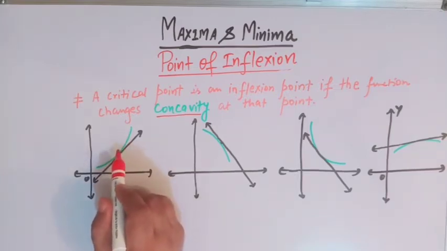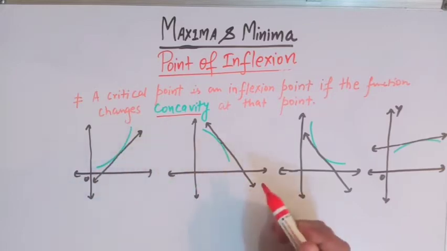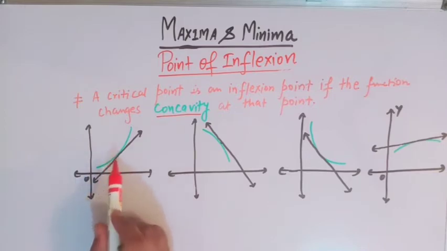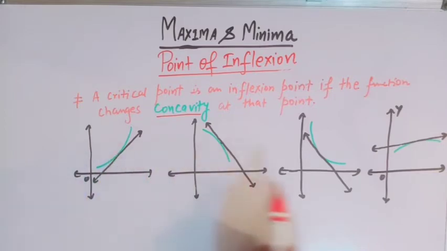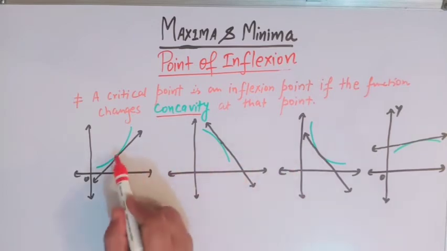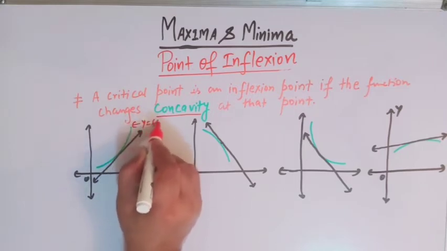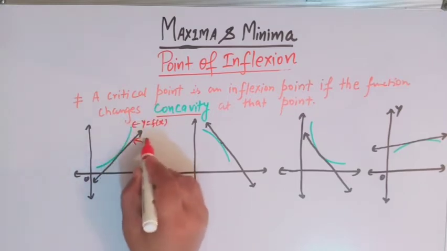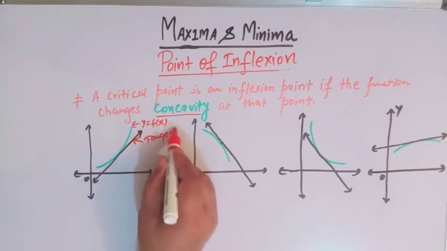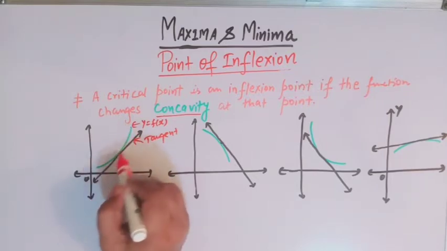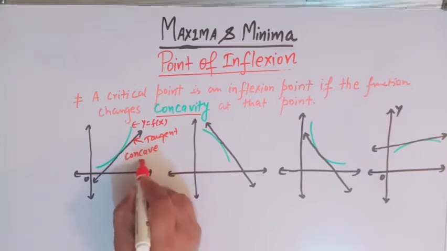Now here a graph is said to be concave up when the tangent line is below the graph. For example, in this case the tangent line is below the graph. See, this is the graph y is equal to f of x, and this is the tangent line, and such a graph is called concave up.